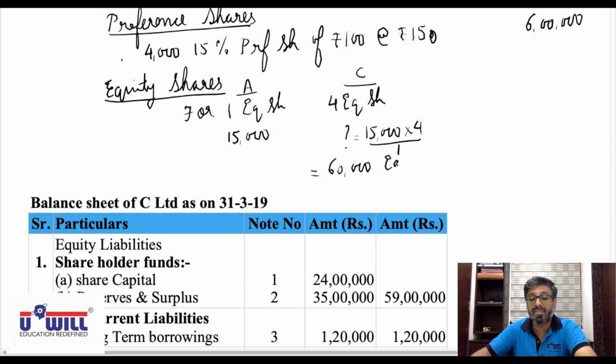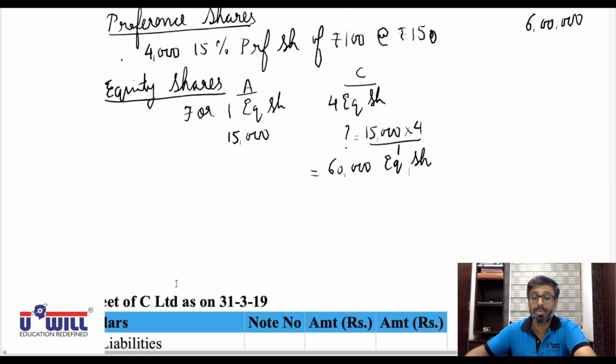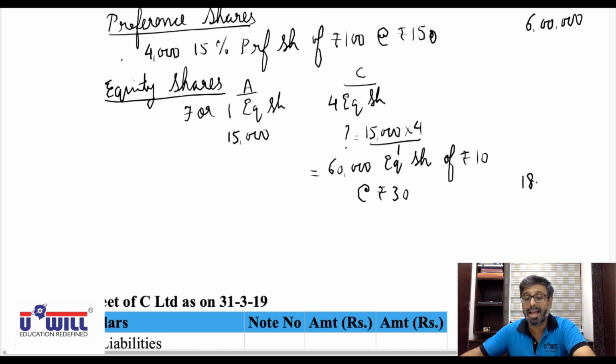Again, the face value is rupees 10, but the agreed value is rupees 30. So 60,000 into 30, 18 lakhs. Now 6 lakhs plus 18 lakhs. What is the purchase consideration for B Limited?